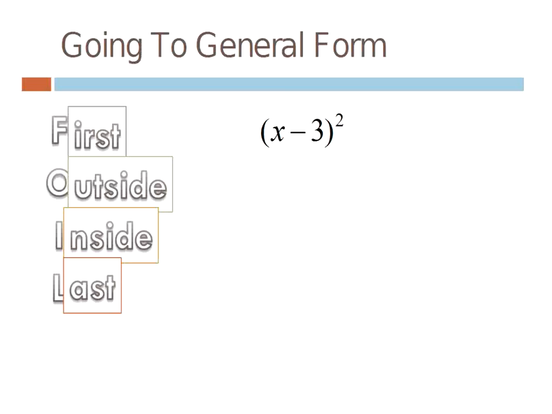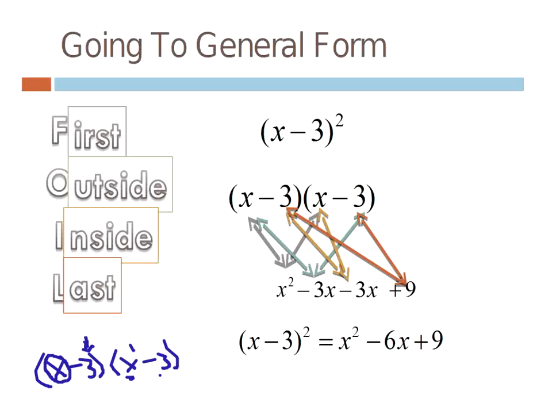Anytime I have a square, it means to take the value and multiply it by itself. So we would recognize this as taking this x and multiplying it by both of these, and then taking this -3 and multiplying it by both of these. That is the exact same thing as foiling.